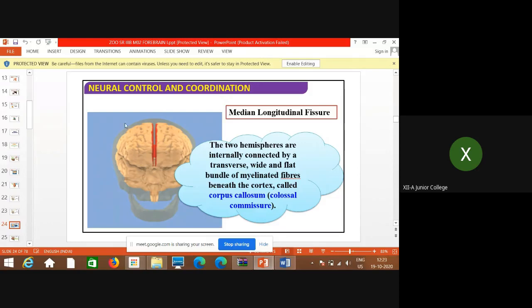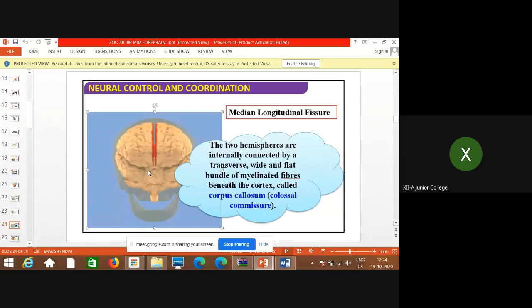Below the cortex, these transverse wide flat bundles of myelinated fibers are called the corpus callosum. This is also called the callosal commissure. So below the fissure, the two parts are joined by these fibers.